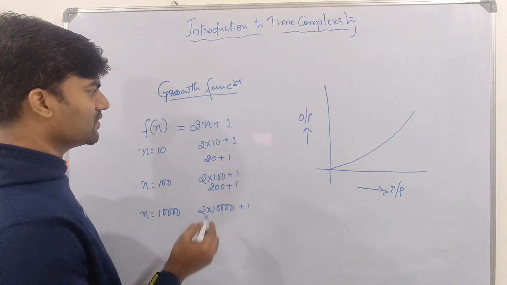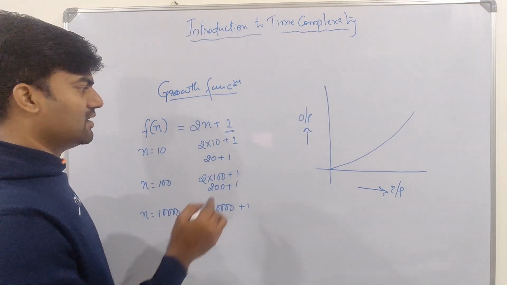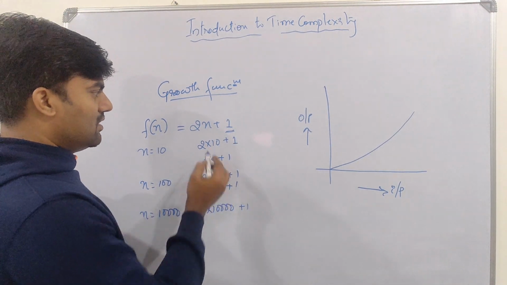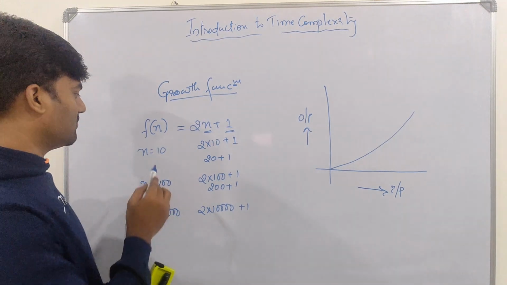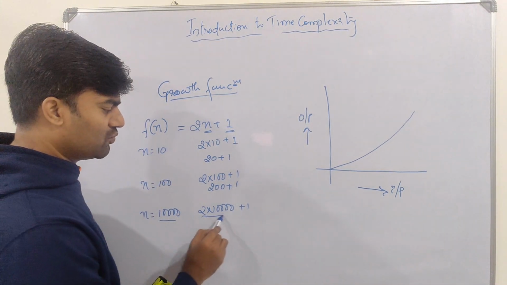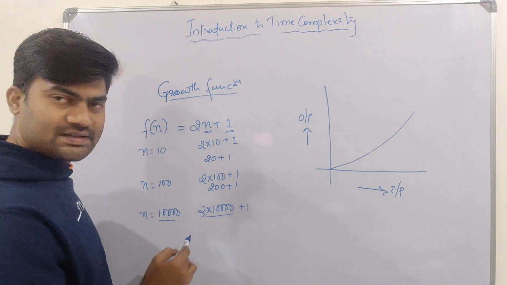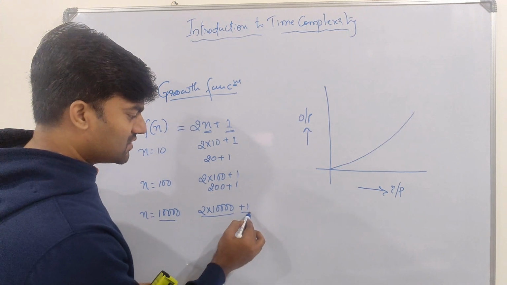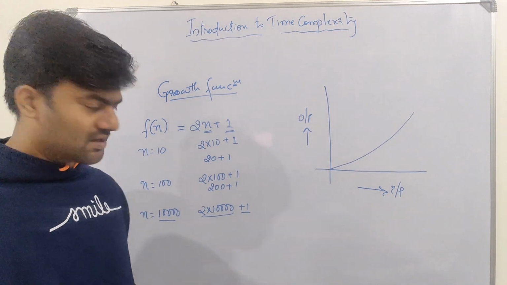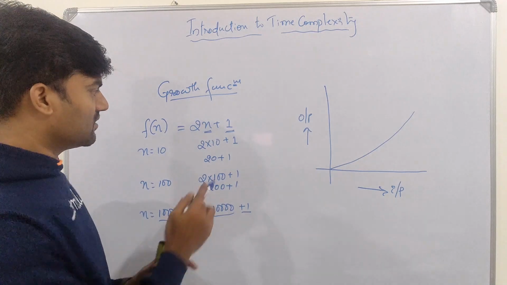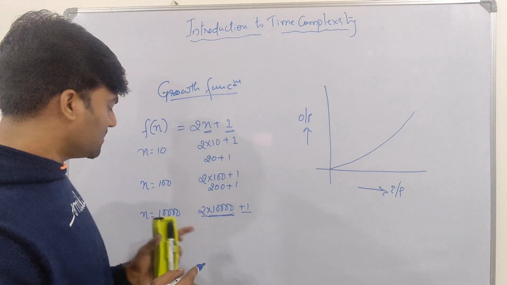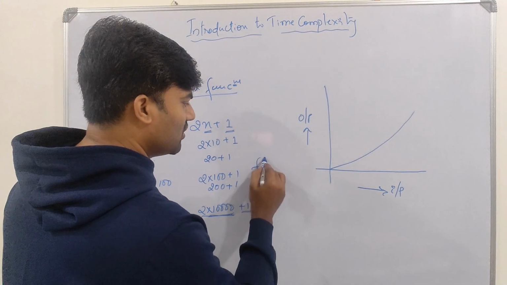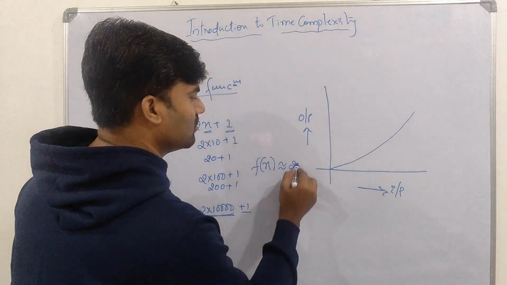Now if you see, this term is constant and it never increases. But if the n value increases, the output of this function will also increase. One thing we can observe here is that this constant term is not contributing much, but this term is contributing more as and when the value of n keeps on increasing. So we can write f of n is close to 2n.